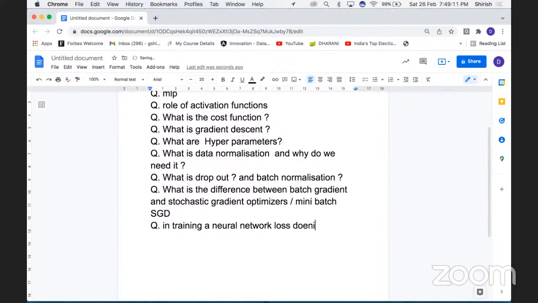Why is that so? The loss does not come down in the few starting epochs. What could be the reason for this?